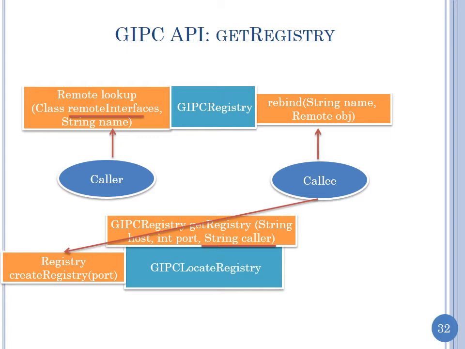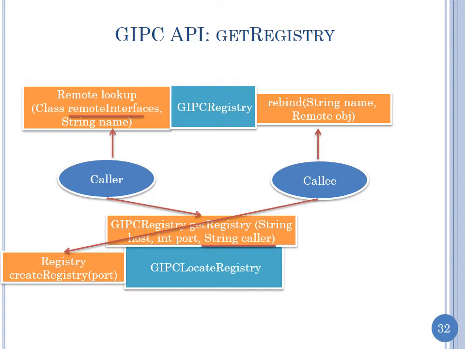The confusion had to do with GETREGISTRY. Okay, so the GETREGISTRY call exists in both RMI and GIPC, and I mentioned last time. So that's something that only the caller executes in GIPC. The callee doesn't, okay, because we don't have a server.